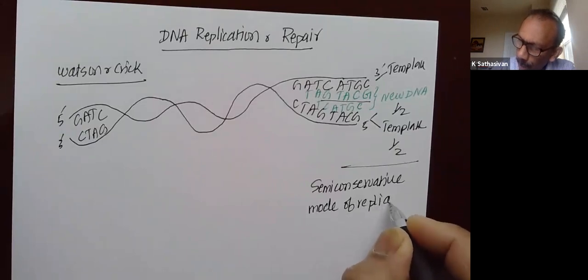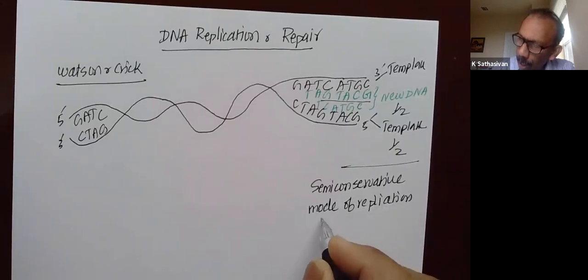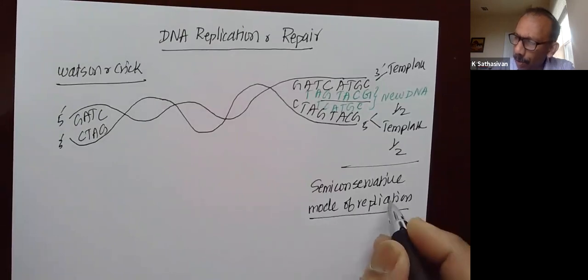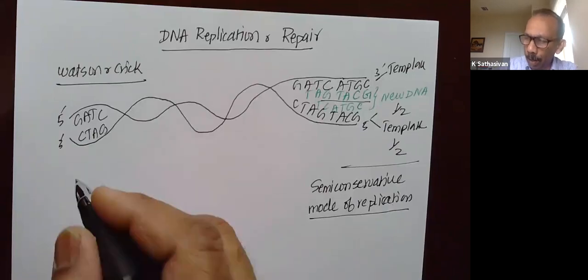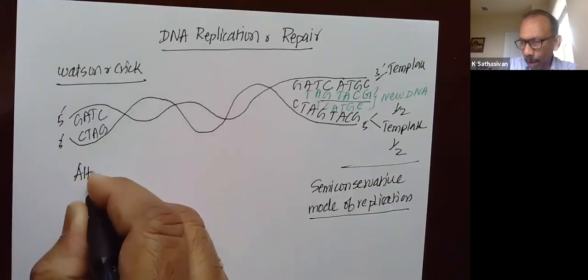So this is what they proposed, but they did not provide any evidence as to how this could happen. And so you need experimental evidence to really prove this is semi-conservative and not the other ways. So what are the alternative modes of replication?